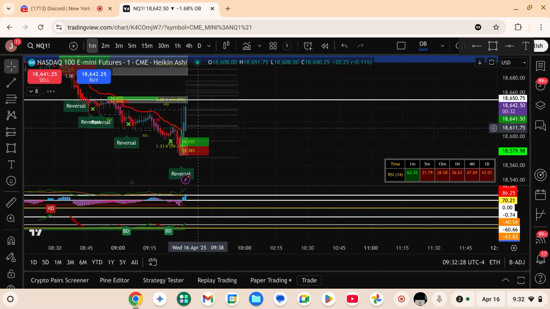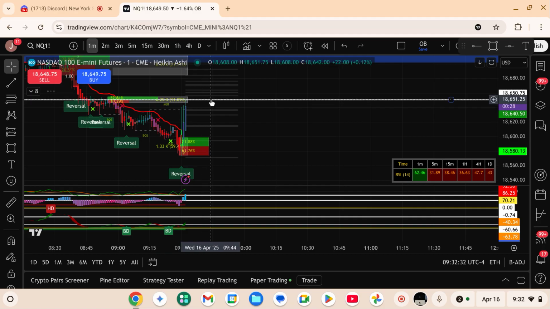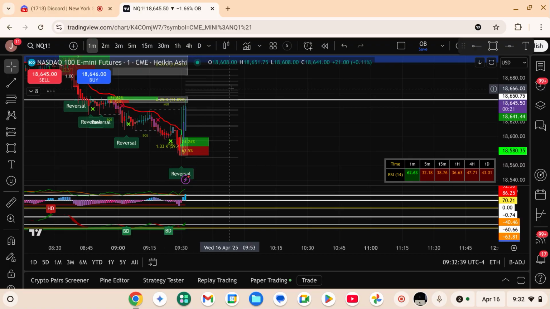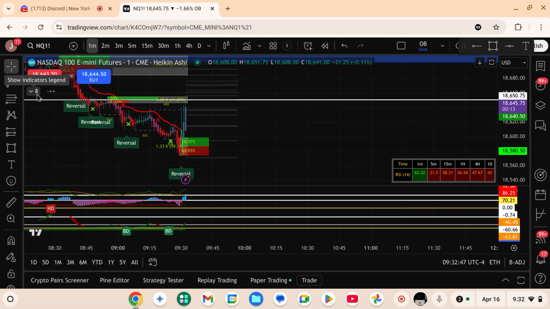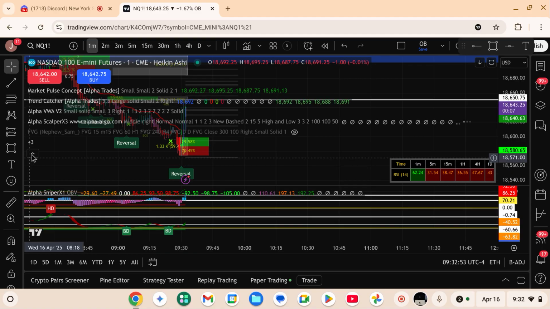Normally, this setup is the type of setup we would take, but seeing that it's right here at this 30-minute consolidation area, I'm not willing to take that, especially when the higher time frames are pointing towards the downside. I'm not willing to go against that, so I'm going to leave that alone.